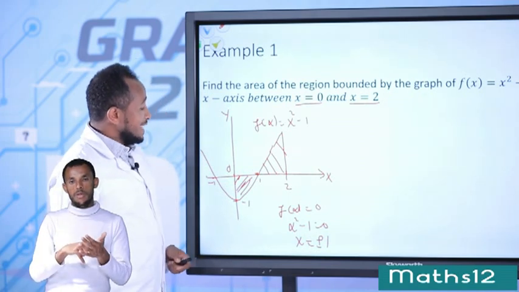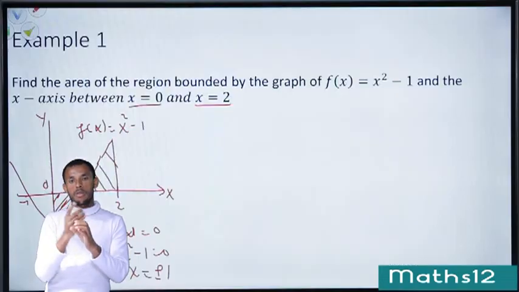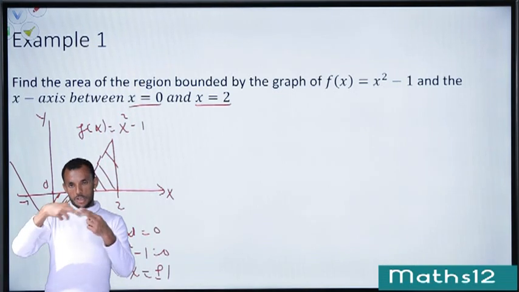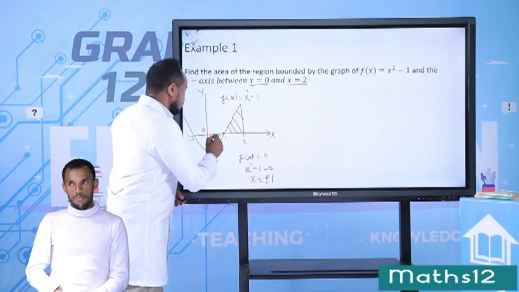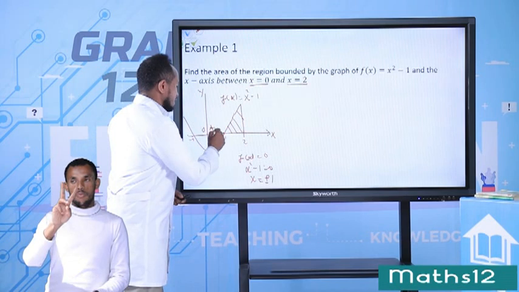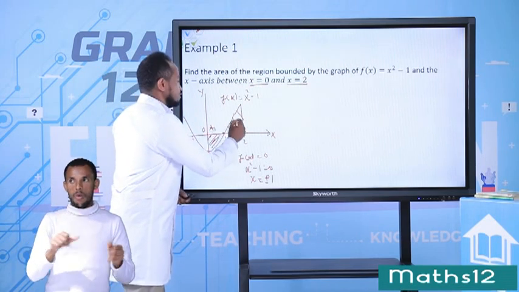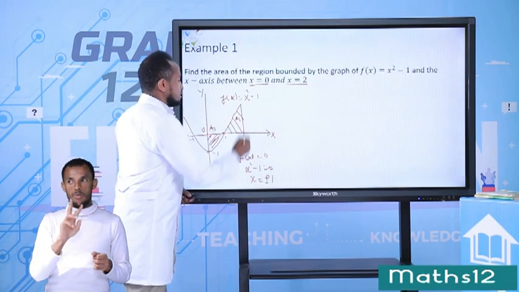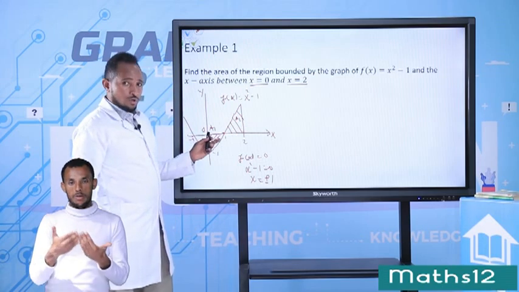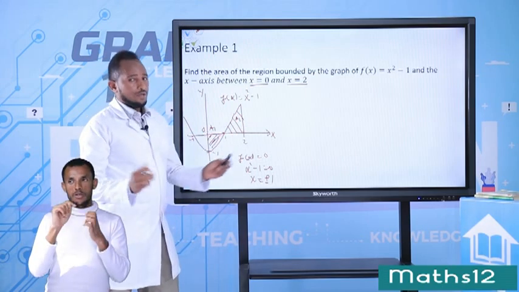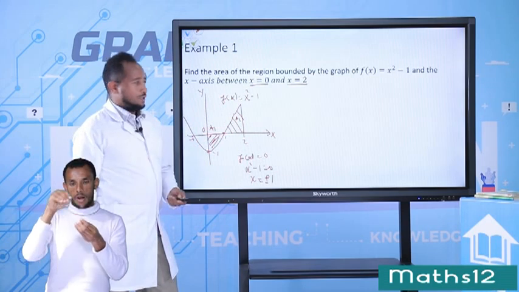Now to calculate the area of this region, we have two areas. Assume this to be area 1 and this to be area 2. Simply evaluate the two areas and add them to find this region.